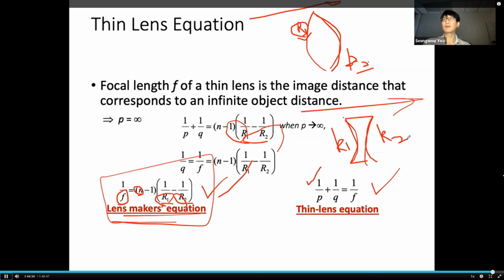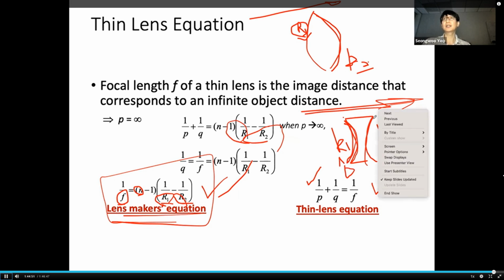So we first define R1 and R2 based on the light flow direction. Now what about the sign? Well, we use the sign convention. This is concave, therefore R1 is negative. The second surface is convex, therefore R2 is positive.